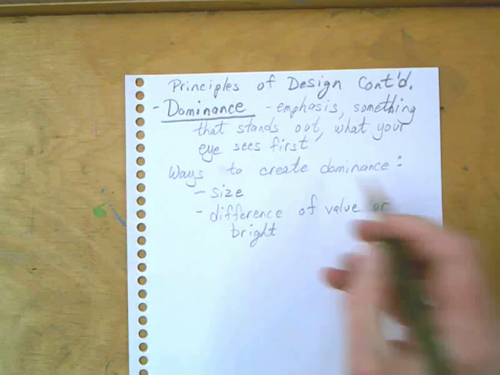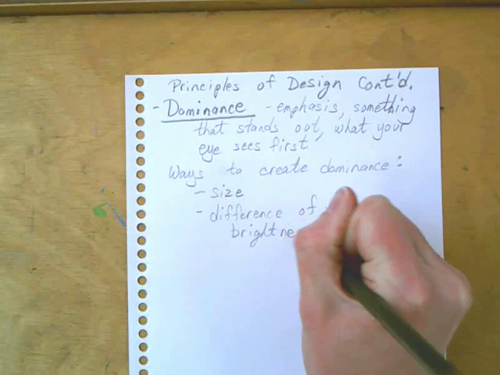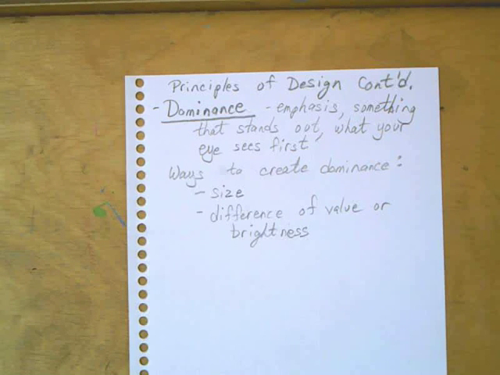Maybe it's a dark object around a bunch of bright areas, or a light object around a bunch of dark areas. Or it could be bright yellow against a bunch of dull yellows.